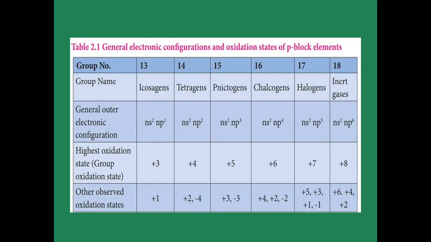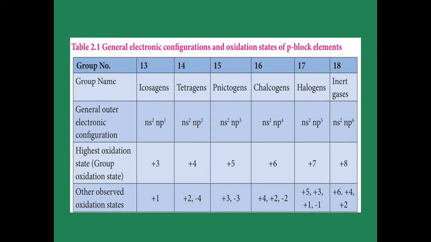In 14th group, tetragens, the electronic configuration is given as ns2, np2. When the 4 electrons go out, we get the highest oxidation state +4. It is called the group oxidation state. And for the observed oxidation states, sometimes 4 electrons are gained, so -4, and otherwise when the np2 electrons are lost, the oxidation state is +2.